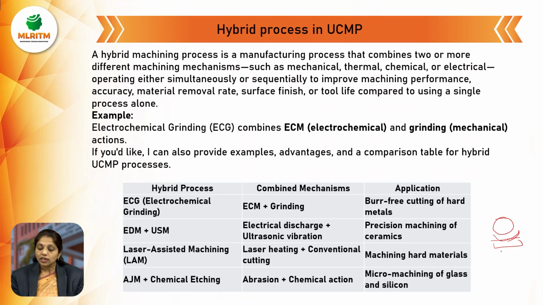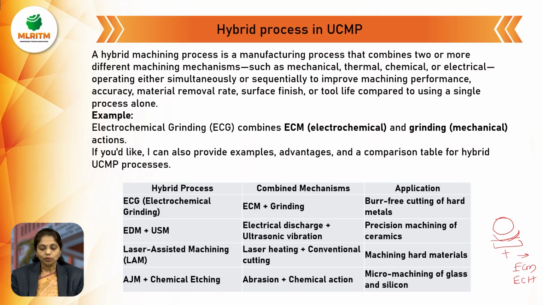So to get high accuracy, we can do this process with some other technologies, like ECM or ECH, electrochemical machining or electrochemical honing or deburring. These are other techniques which can also be implemented to get high surface finishes.